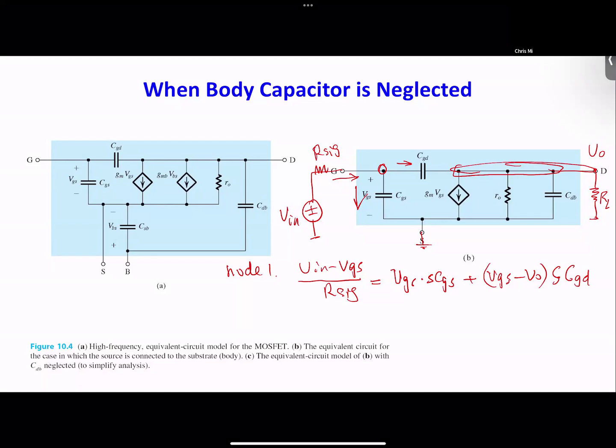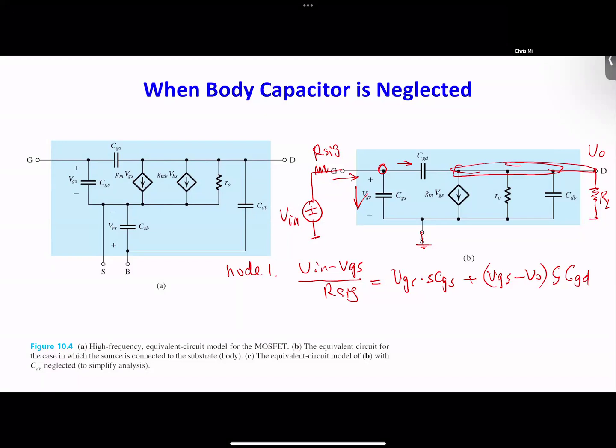So you guys follow me? We have current going in, which is Vin minus VGS divided by RSIG. That's current going into the node. And then we have current coming out of the node, which is VGS divided by the impedance of this one, and the impedance is 1 over SCGS. Right? So that's how you get the current in this branch. And plus the current going in this branch, which is VGS minus VO divided by the impedance of this capacitor. So that's the second term. So we got node 1.